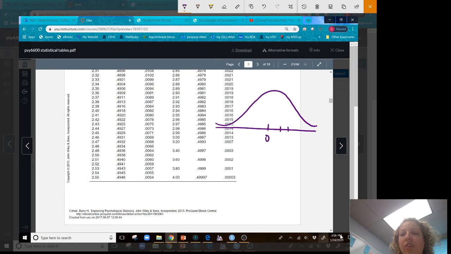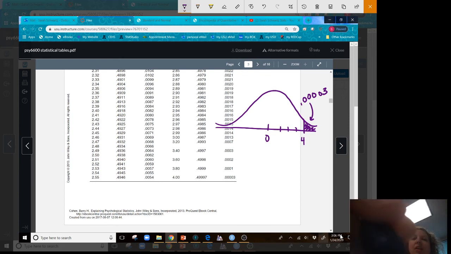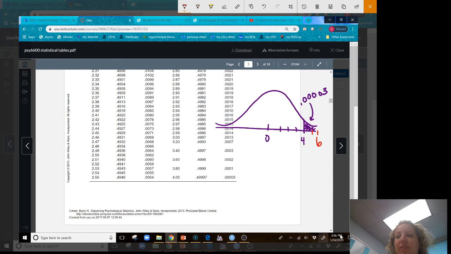If I went out 1, 2, 3, 4 standard deviations, this area out here, not to scale, is 0.0000, 4 zeros and a 3. So what would it be like if I went out to 6.13? How much area would be left in this tail? Not much. It would definitely be less than 0.00003.